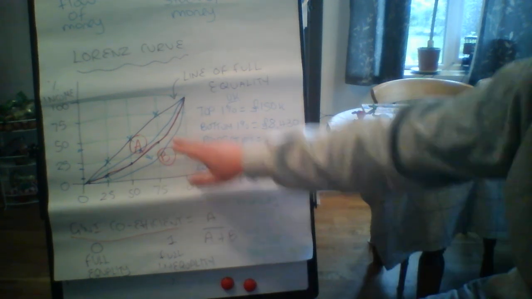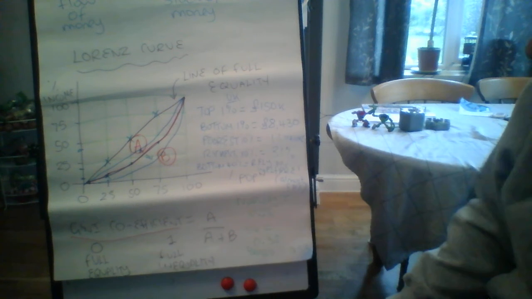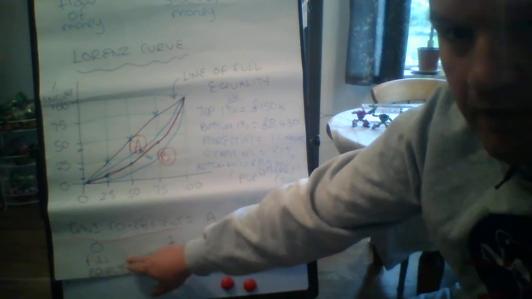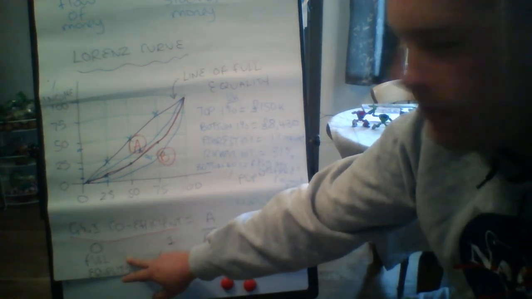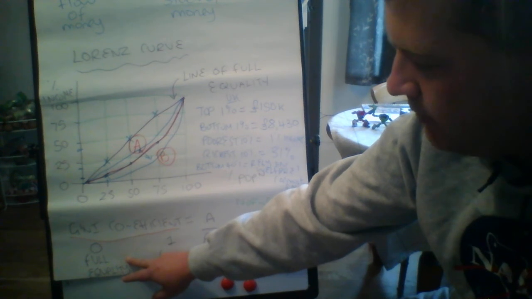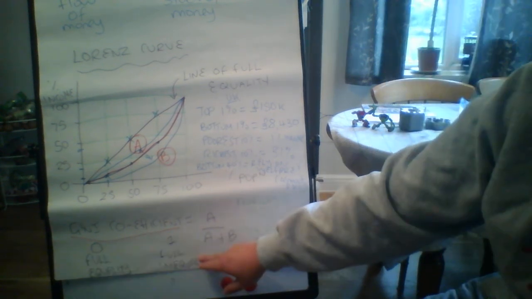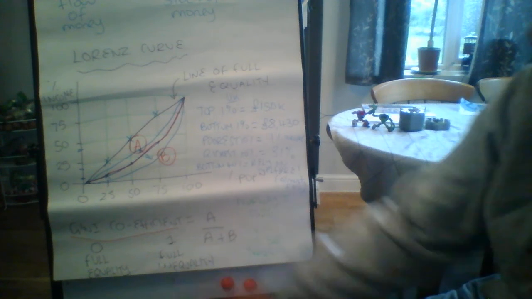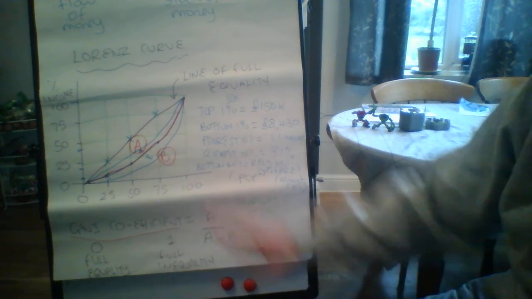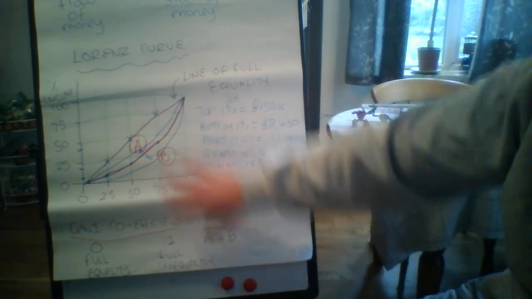Now if we were to input data into this formula, the closer to 0 that we get, we've got more equality. So a smaller gap between rich and poor people. The closer to 1 we are, the more inequality that we have. So countries are scored from 0 to 1, and it's using the Lorenz curve to calculate this score.